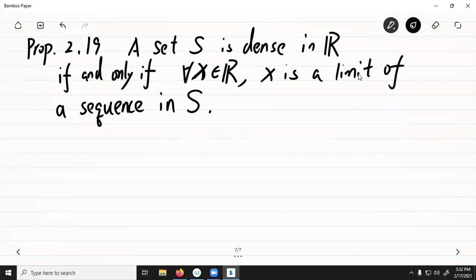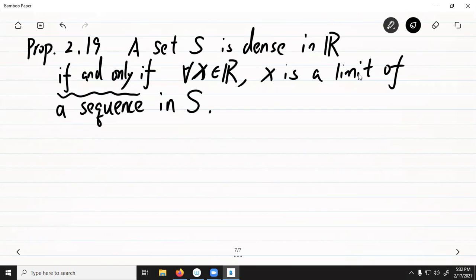This is called an if and only if problem. That means you need to prove this result. You have two statements on the two sides of if and only if. If and only if means these two statements are equivalent; they have exactly the same meaning. So you need to prove this theorem in two directions.